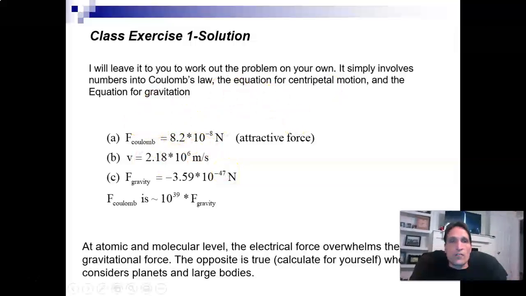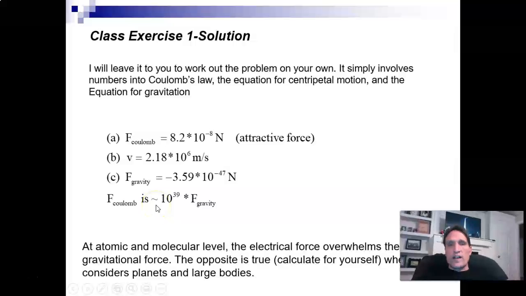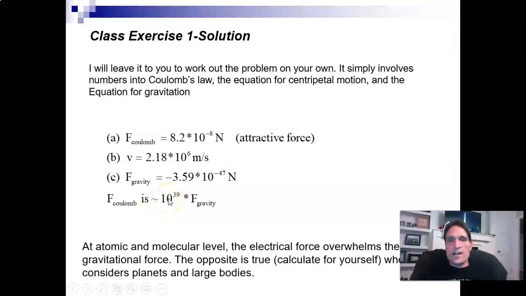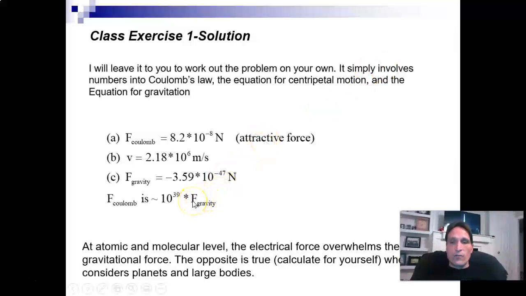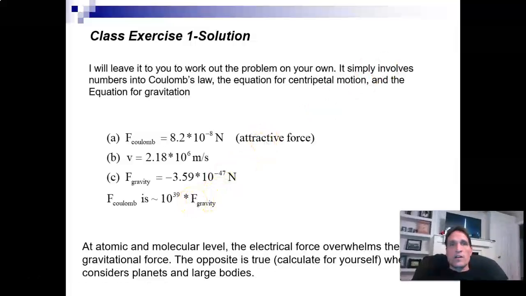Okay. Now, if you compare these forces, the force of gravity between the proton and the electron, with the Coulomb force, 10 to the negative 47, 10 to the negative 8, the electrostatic force is 10 to the 39 times stronger than the gravitational force. Okay? And the point of this whole example is that the gravitational force between protons and electrons is so small compared to the electrostatic force that we usually can neglect it.